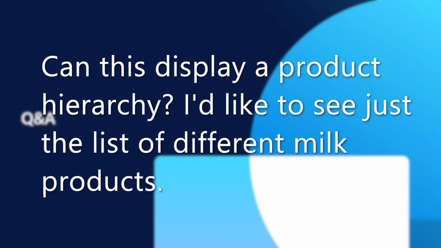Yeah, and so for product hierarchy, if you mean like in F&O, where you can see the top level product and then the subsequent products categorized under that hierarchy, you can't directly see the hierarchy through the app.